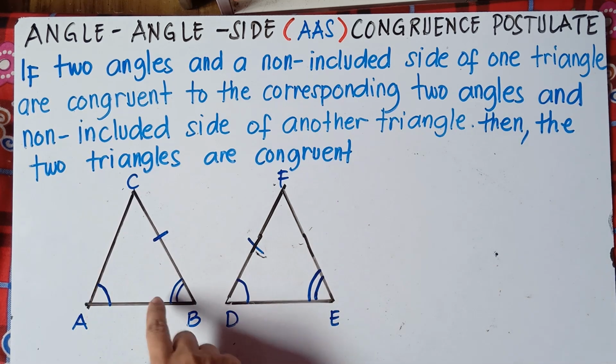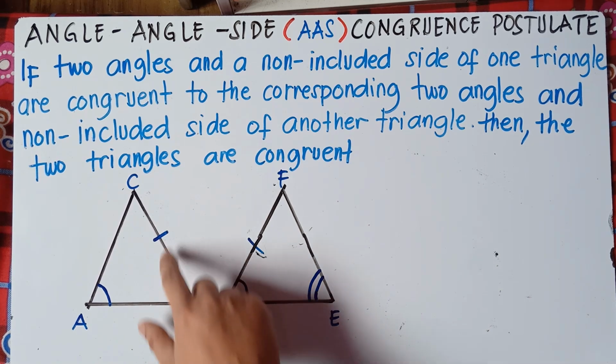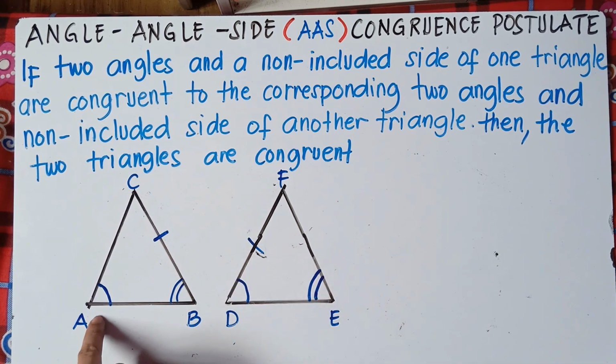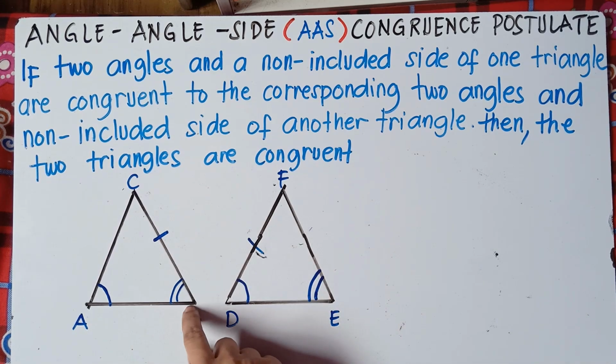The non-included side of this first triangle is next to the second marking: first angle, second angle, and the non-included side is next to the second angle.